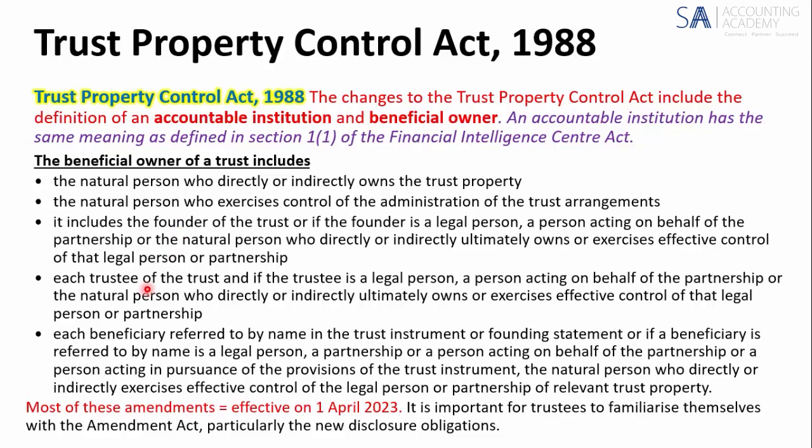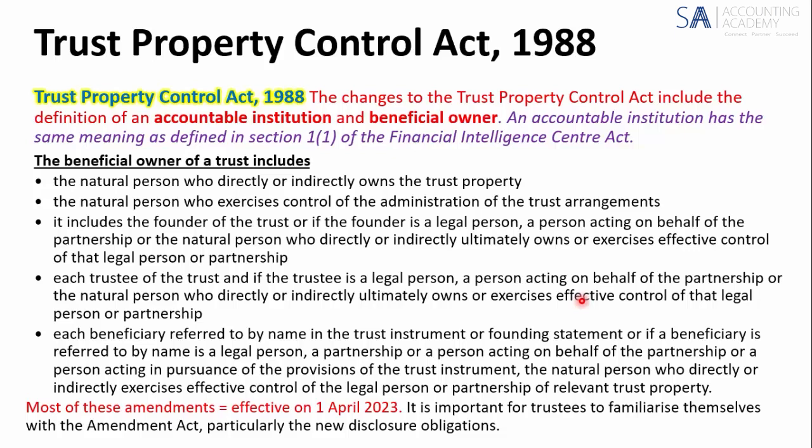Every single trustee of the trust, and if the trustee is a legal person, the person who acts on their behalf. So it drills down to the warm body. A natural person who directly or indirectly ultimately owns or exercises effective control. So it drills down to who ultimately is the beneficial owner.